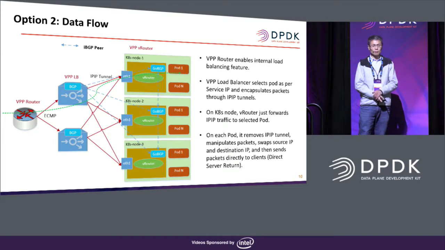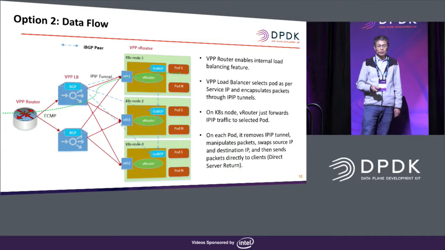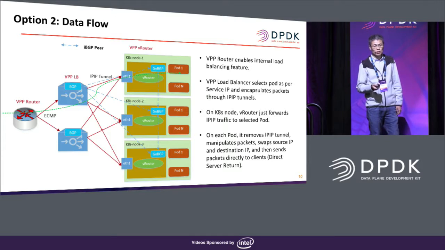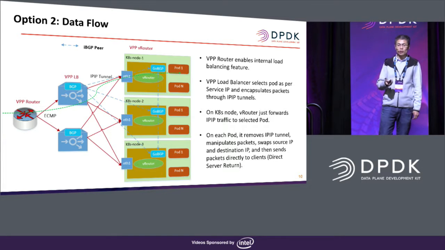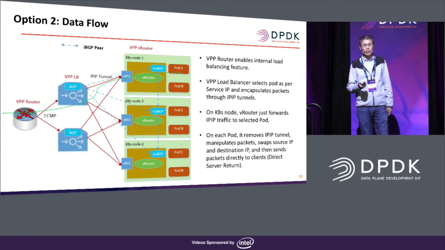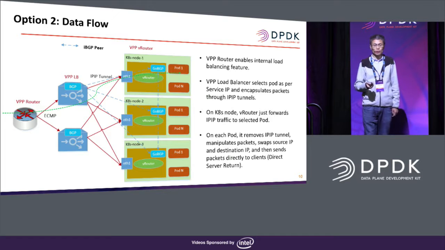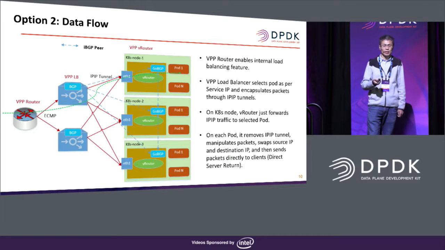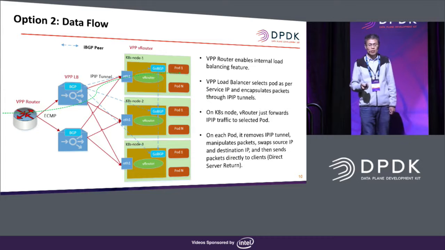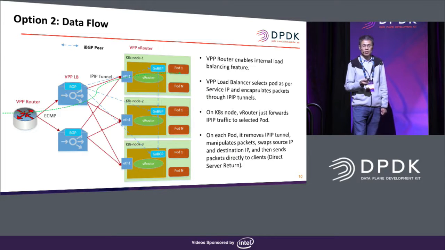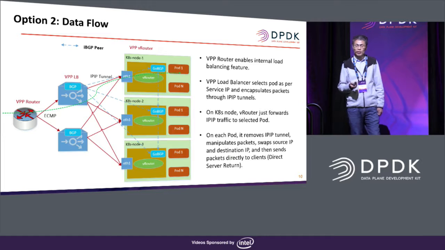So for the data flow, when the router receives packets, it also does the internal load balancing feature to make sure each flow goes to the same VPP load balancer. Then when the VPP load balancer receives packets, it will select ports directly as per the service IP and encapsulate packets through the IPIP tunnel or GRE tunnel.